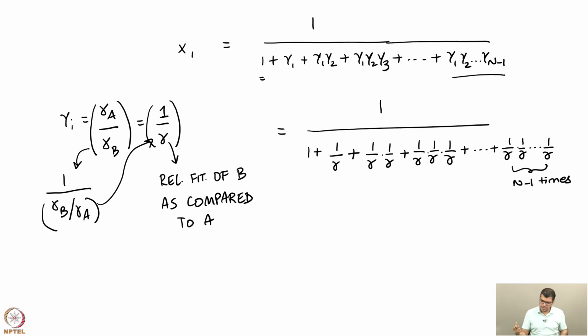I hope everybody is able to see that the denominator is a geometric progression, with a as the first term.